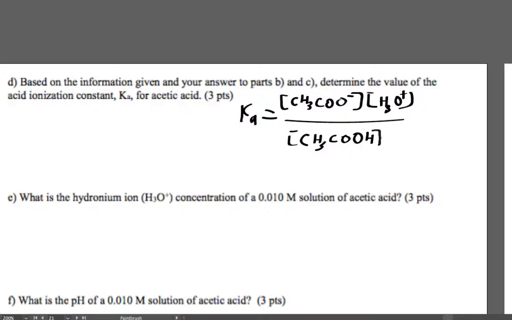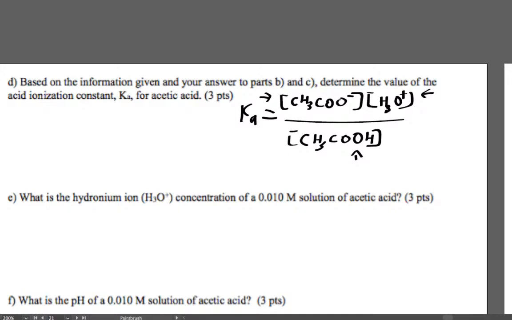With this, you can plug in the numbers, because we know what this is, we know what this is, and this would be equal to the other one because of the balanced reaction. Actually, no, that's not true.